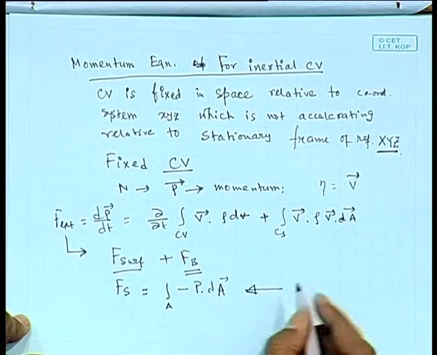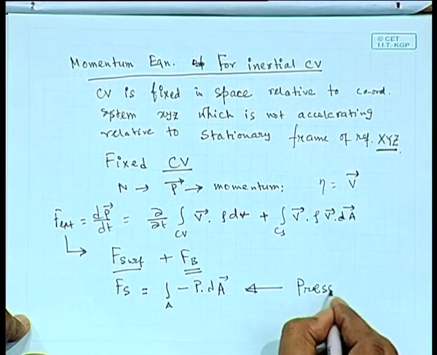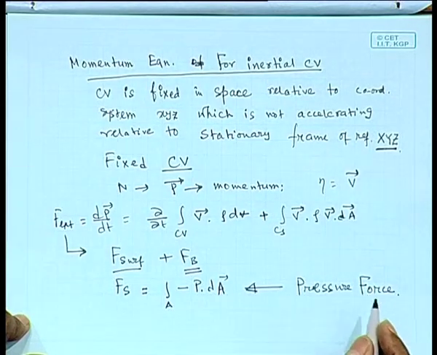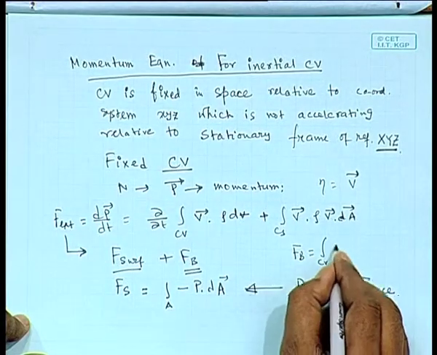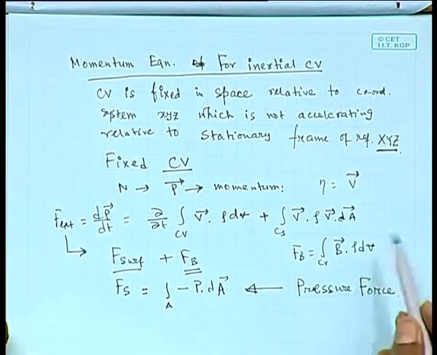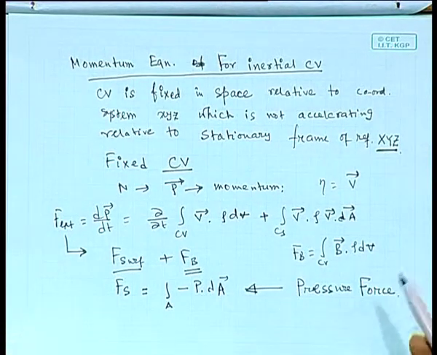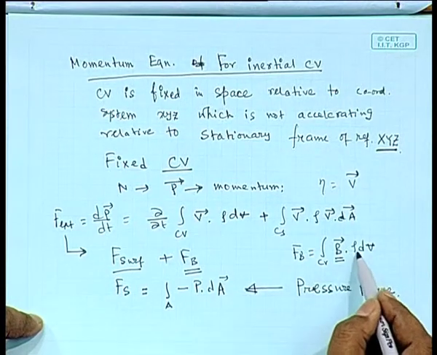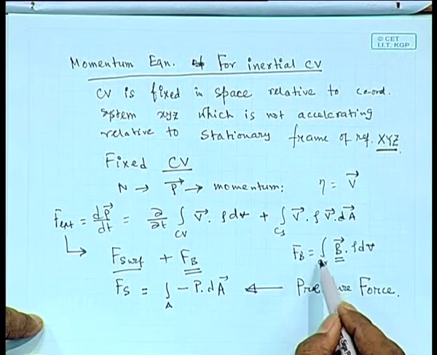Basically, if you neglect the viscous forces, the surface force will be nothing but the pressure force. Body force will be acting throughout the whole volume of the system. If it is per unit mass, then b multiplied by rho dV will give you the total body force, so this integral will be over the volume.